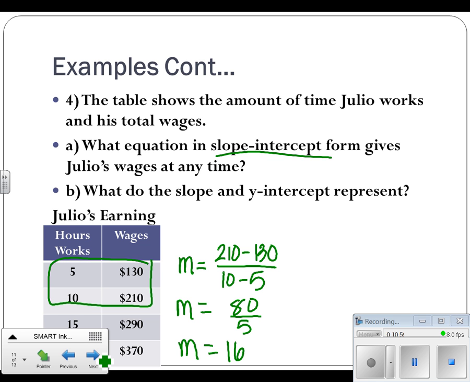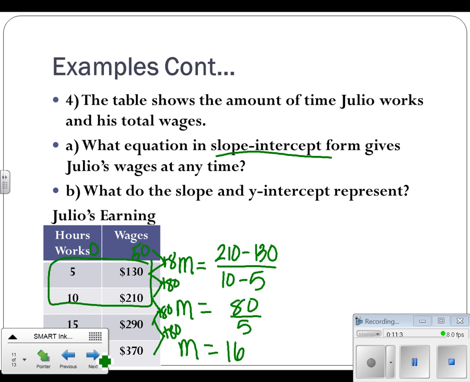Okay. Now, the other thing we notice here is that these are constantly going up by 80. As we go up 5, it goes up 80. If I go backwards and subtract 80, then at 0 hours of work, if we go backwards 5 hours, it's 0. 130 minus that 80 would give you 50.